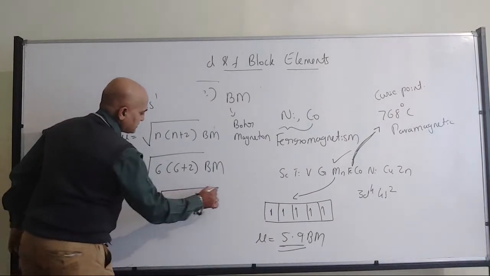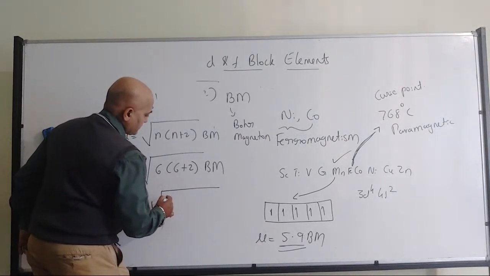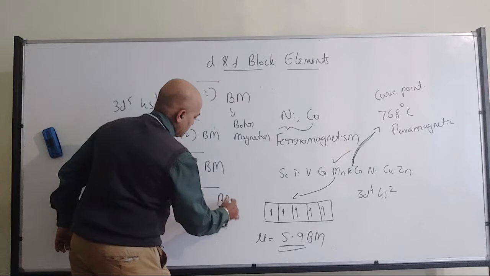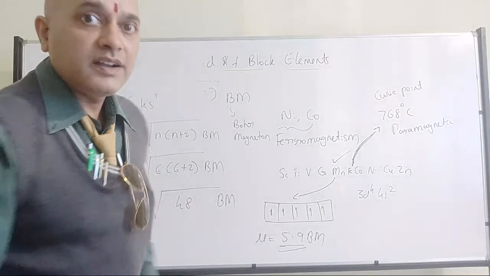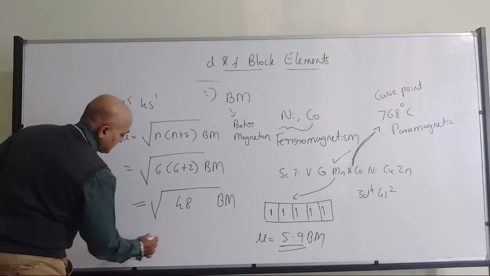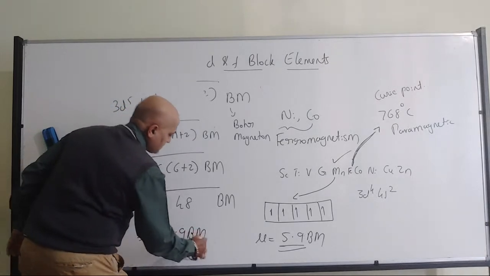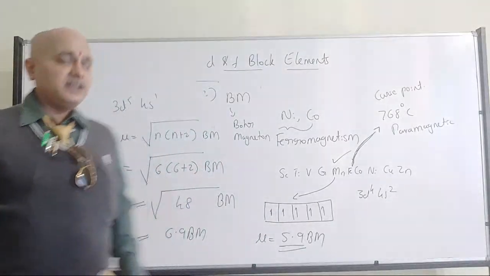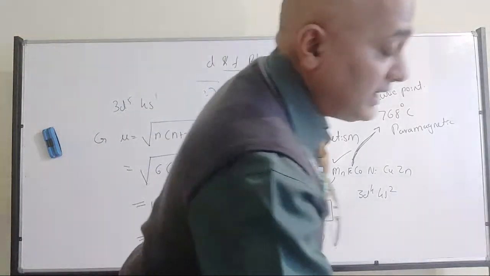It will be approximately 6.92, so 6.9 Bohr magneton. So it is greater than manganese, taking it as an element.